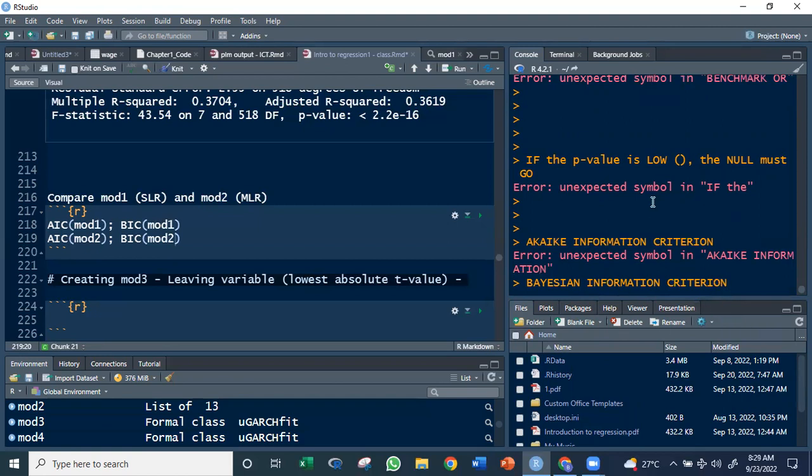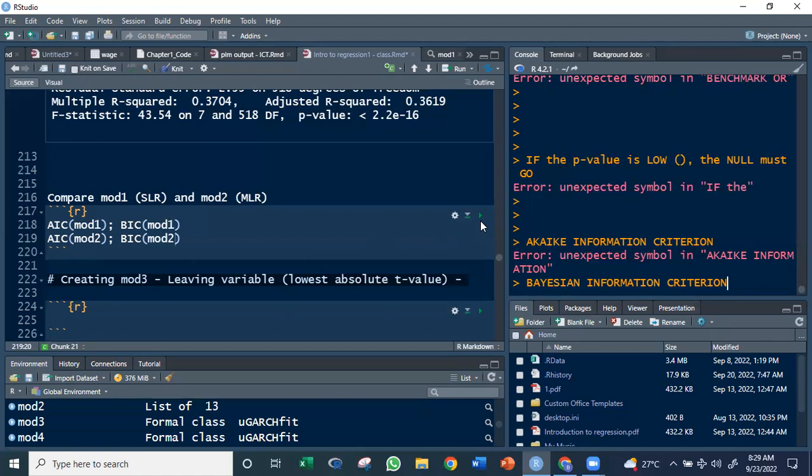AIC and BIC measure information loss. So we will compare model 1 and model 2, and the decision here is the lower, the better. The lower the AIC, the better, because there is lower information loss.